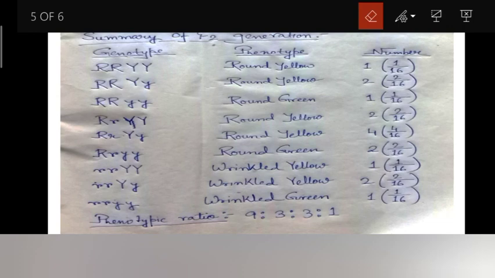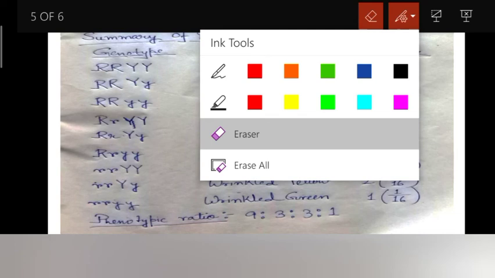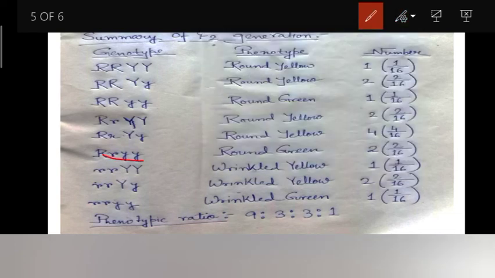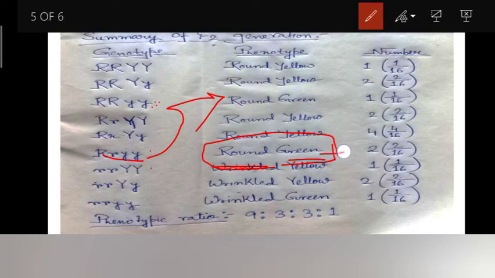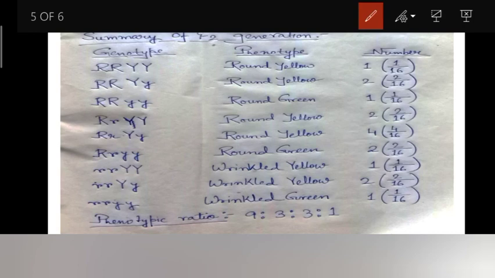Now capital R, small y, it gives round green, which is another new characteristic, similar to round green phenotypically, but genotypically is not same. Both are different, and it gives 2 out of 16 possibilities. Smaller r and big Y, wrinkled yellow.